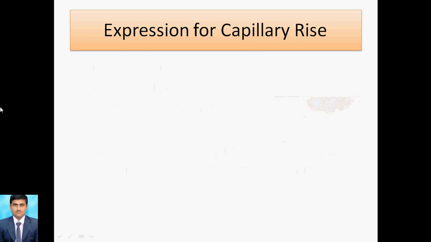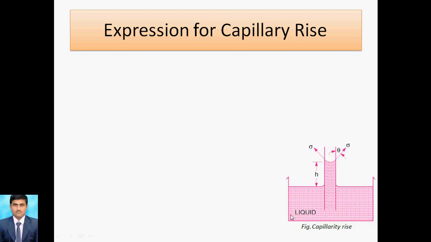Now we move to the expression for capillary rise. First of all, capillary rise means we place a vertical tube adjacent to the layer of fluid, in a vertical manner. If the liquid rises, that is called capillary rise.